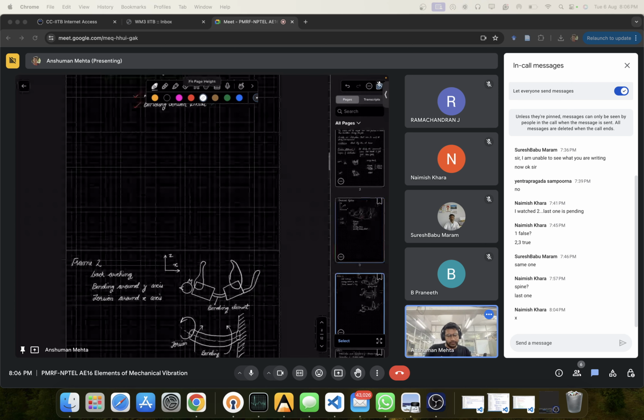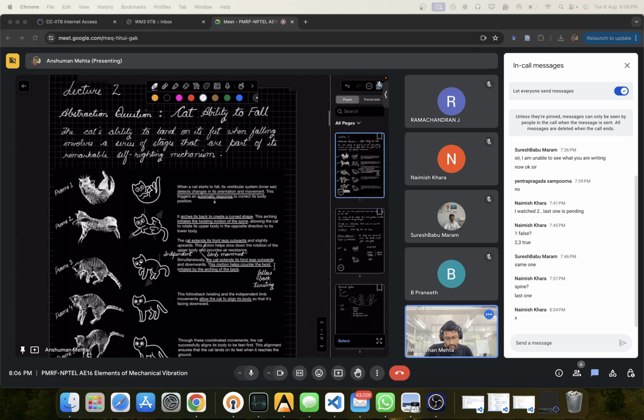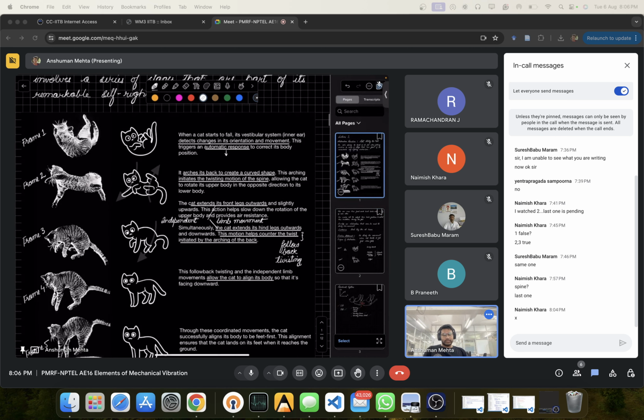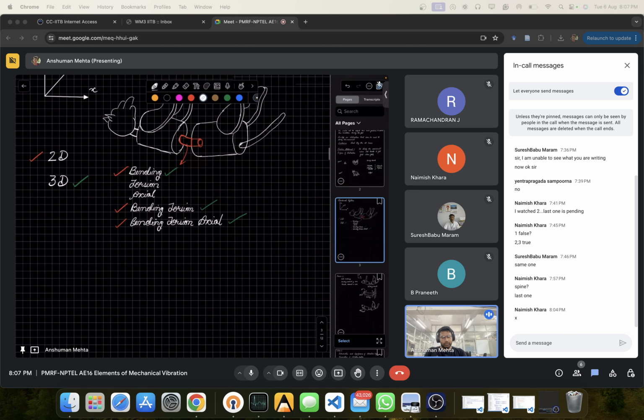If you will see the frame 2, the leg is above, but the front leg is in the front, but the back leg is the same position. Okay, so this kind of thing is happening.